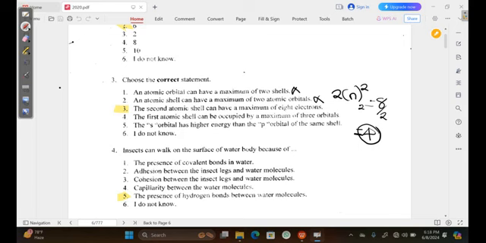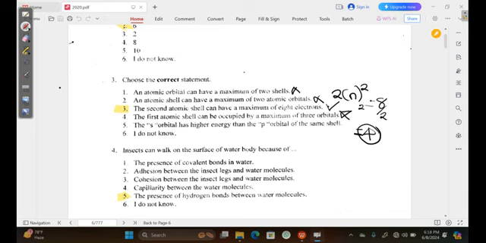So based on that, we can tell that the second shell has a maximum of 8 electrons. Then option 4 says the first atomic shell can be occupied by a maximum of 3 orbitals. This is wrong because the first atomic shell can only be occupied by 1 orbital. So this is also false.